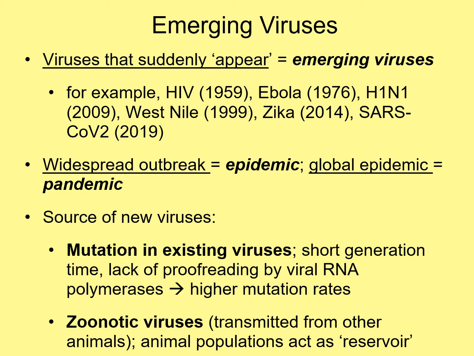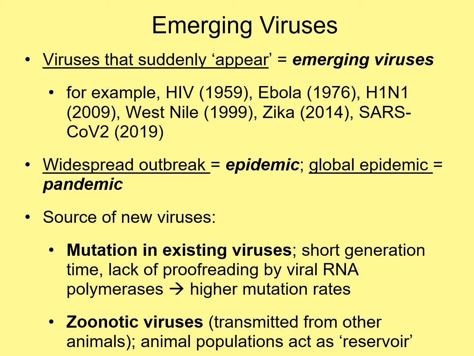And of course, like I mentioned, some viruses are crossing over from other species. So for example, the bird flu, H1N1, is something that is present in some bird populations, and then it essentially jumped from birds to people.